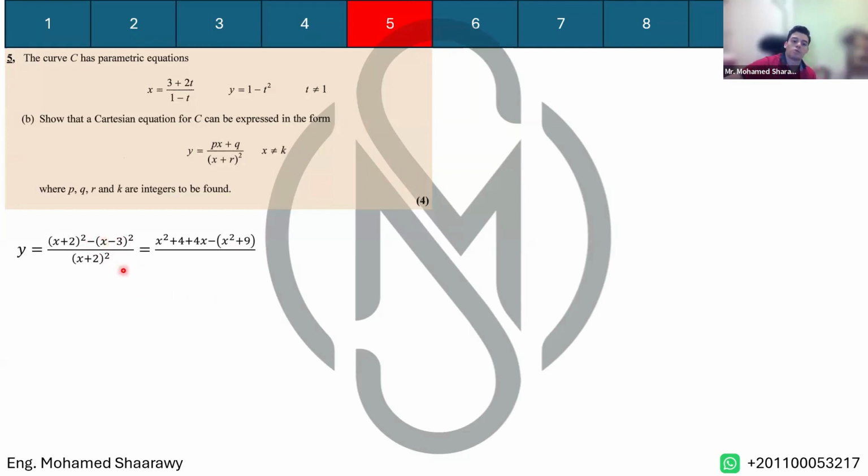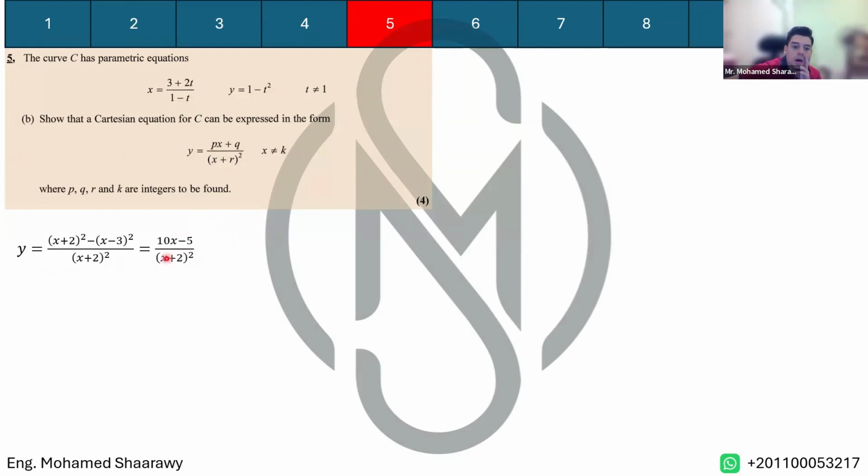First times second times 2 is negative 6x. Let me then expand this negative, and then take some like terms. x squared cancelled with negative x squared. Positive 4x, positive 6x is positive 10x. Positive 4 minus 9 is negative 5.